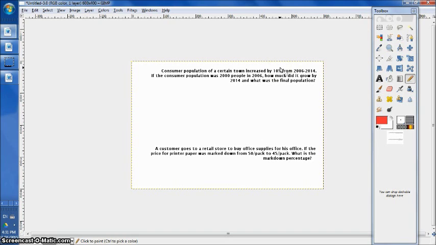So I know that in 2006 my population was 2,000 people, and in 2014 this grew by some amount.